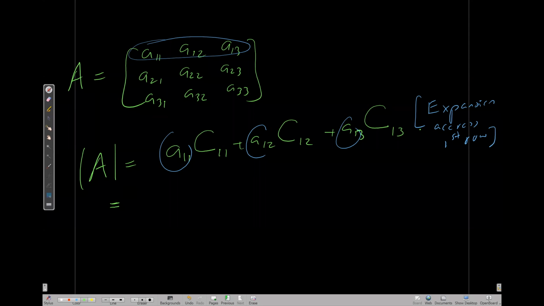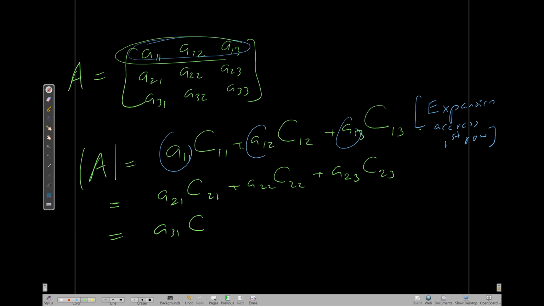This is true across any row or any column. For example, second row: A21 C21, A22 C22, A23 C23. Or you can use the third row. You don't have to use all the rows, right? You just need to use one row or one column. It will work.